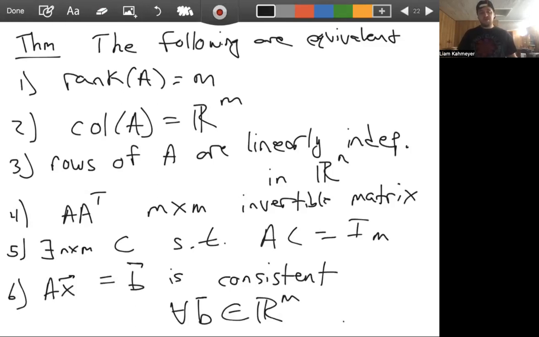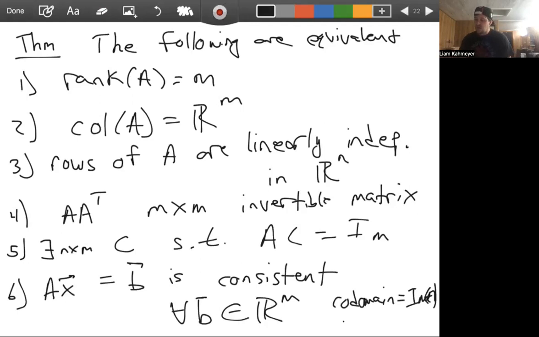And what does this mean? This last statement means that if you have max rank, rank m here, then the codomain equals the image of A. It means it's surjective. For a map to be surjective, the image is the entire codomain, right?